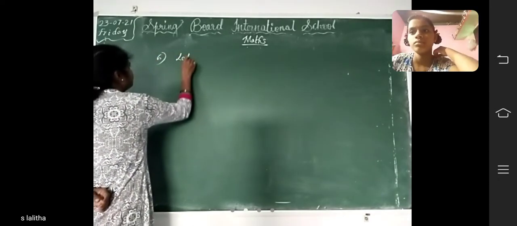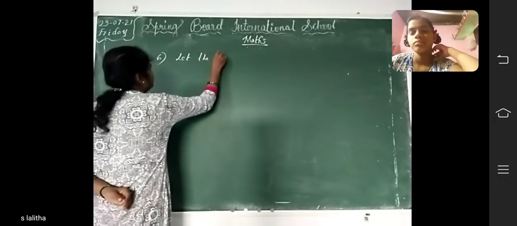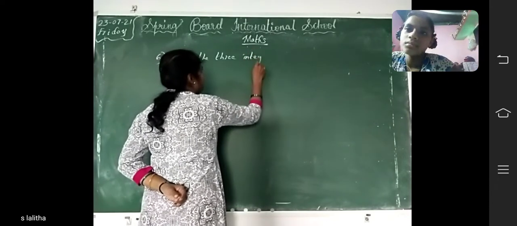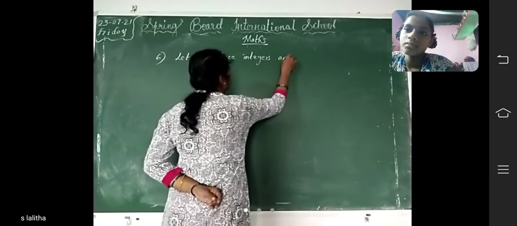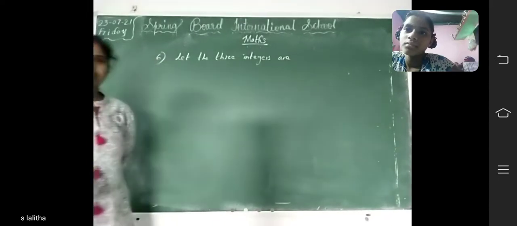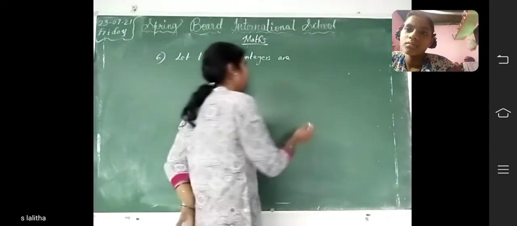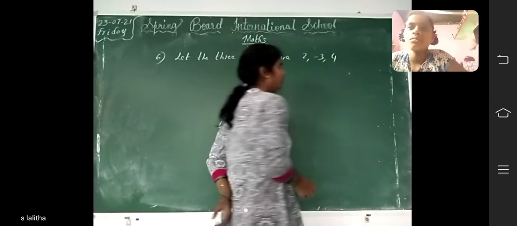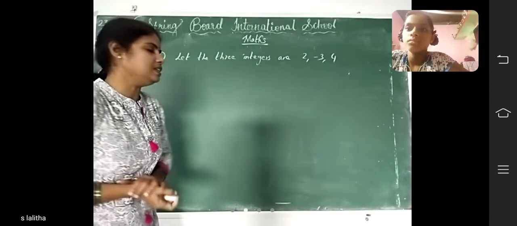Let the 3 integers be, say, any 3 integers, children. Any 3 integers: 2, minus 3, 4. We should take these 3 integers.